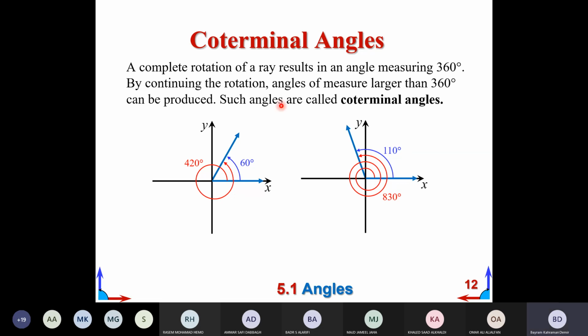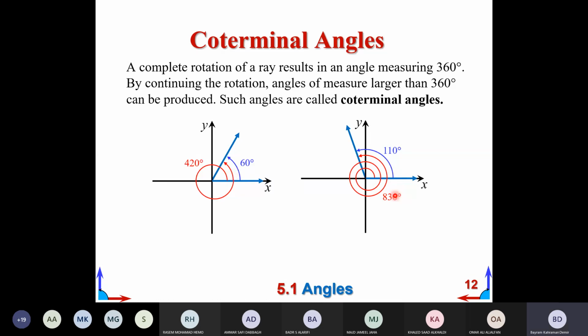For example, in the first picture, we have 60 degree and 420 degree. They are coterminal. You see, how do we get 420, Shabab? 420 is one full rotation, 360, right? 360 plus 60 will give you 420. So the 60 degree and the 420 degree, they will stop at the same terminal side. All right? So they are coterminal.